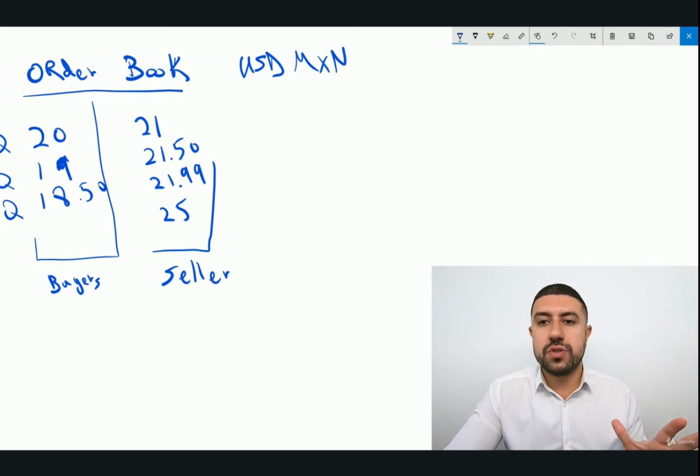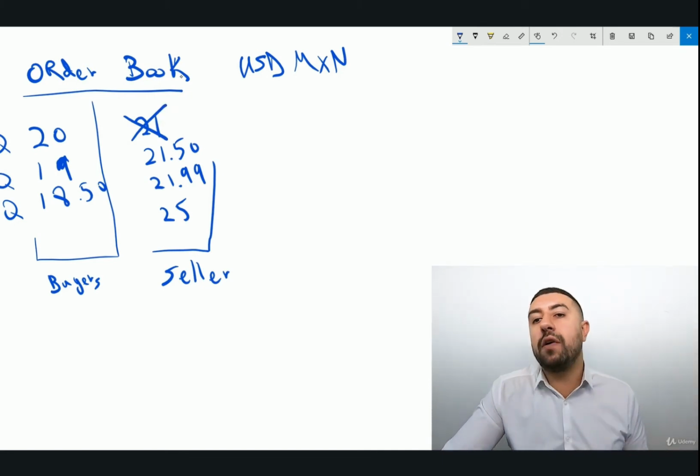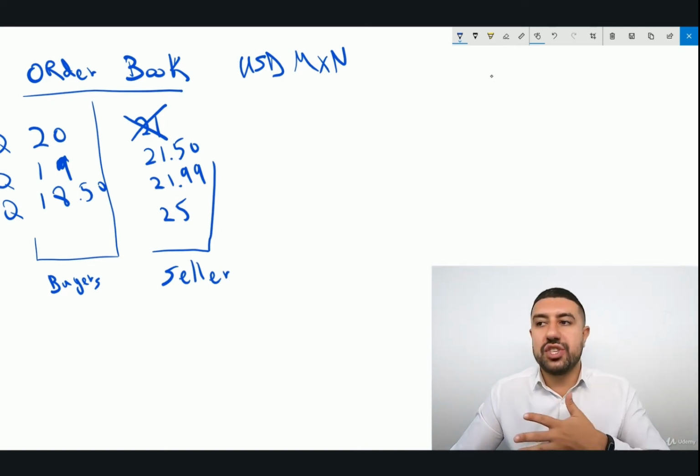These are open orders. Now, if somebody comes in and says, well, I want to buy Mexican pesos at 21, and somebody is willing to sell them at 21, this order is going to be removed as long as they have the same quantity, and it's going to come off the order book, okay? And it will just show up as a transaction that happens.